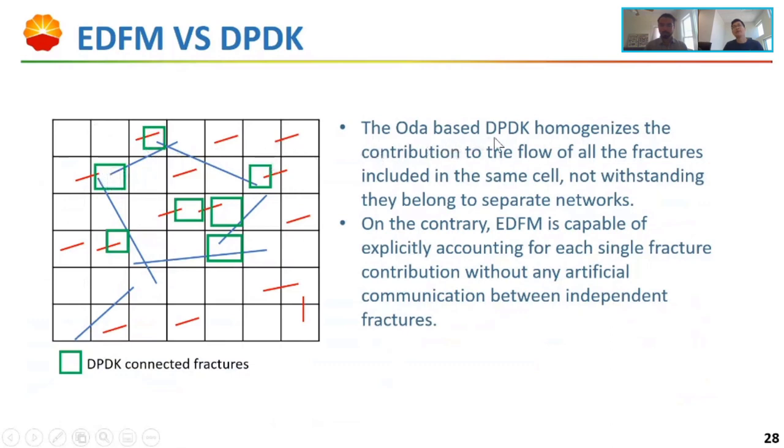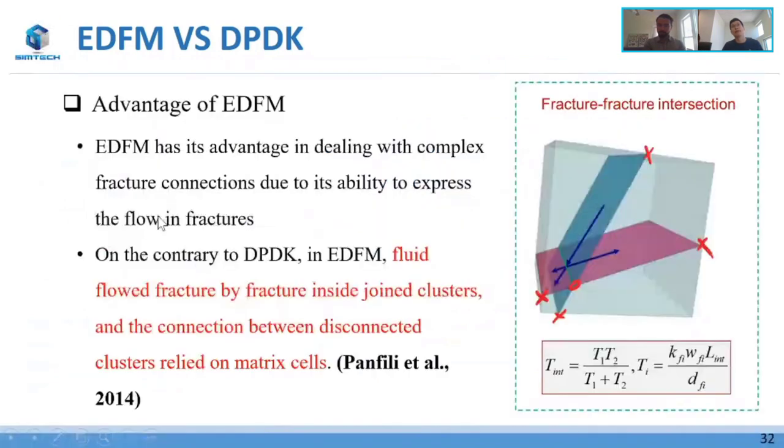For the order-based DPDK, they will simply treat it as one connected fracture. But what EDFM does is treat them separately, exactly like this. So this is a major advantage for EDFM.